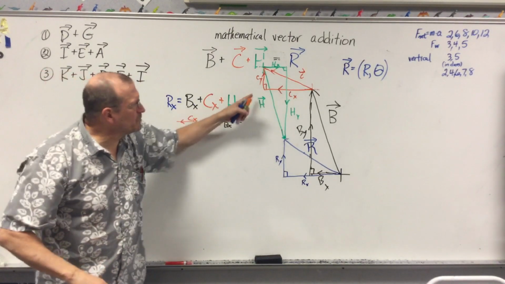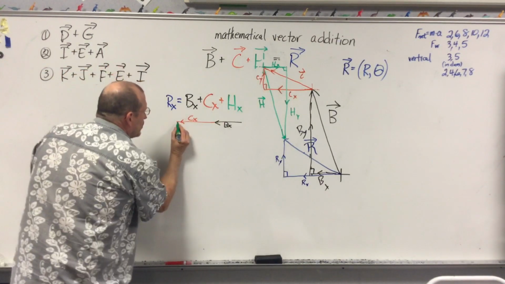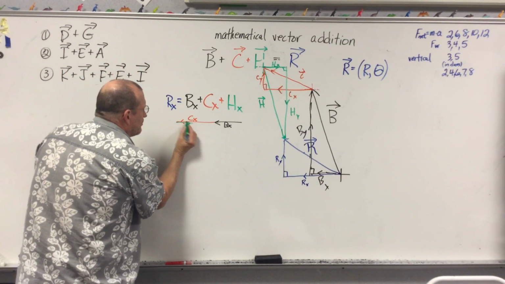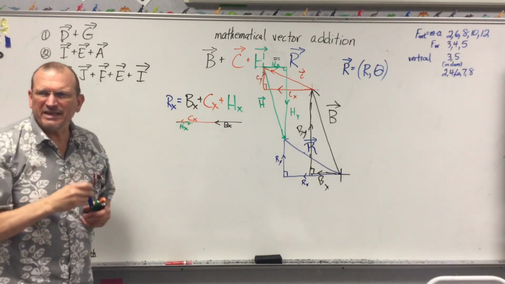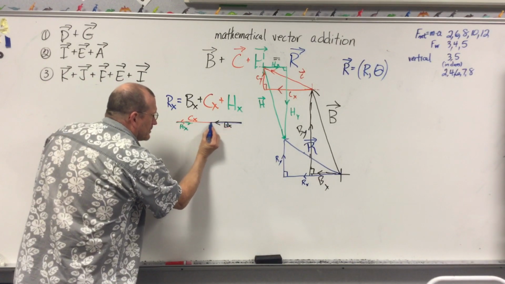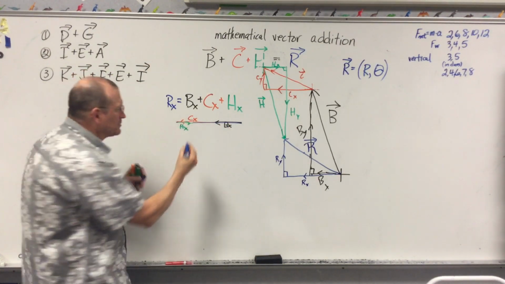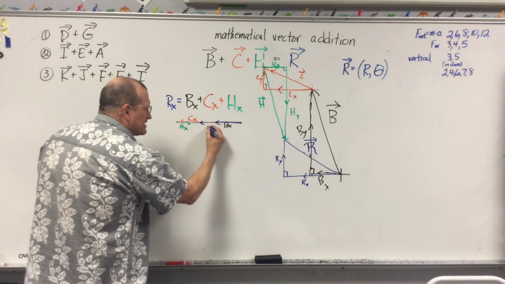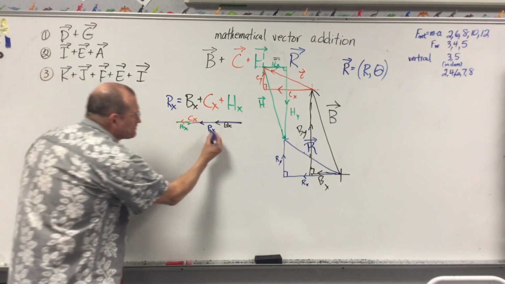So it would continue over here, but then Hx would bring us back to here, which means our Rx would go from here to here, and if you're thinking vector addition, that means it points this way, and that's my Rx. Okay?